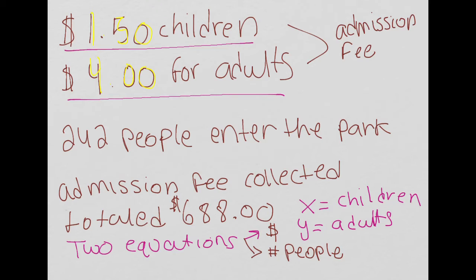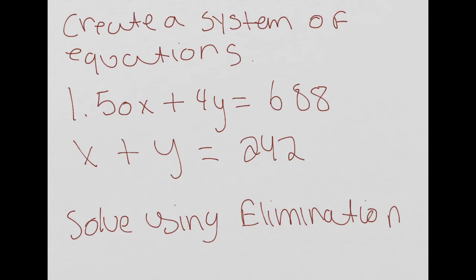Anyway, here we go. We're going to create the two equations with the given information that we found. Once we create them, this is what we have: the equation that is about money and the equation that is about the number of people that enter.